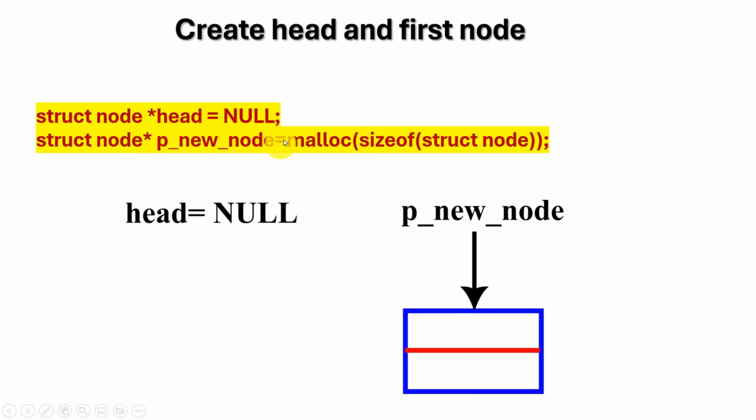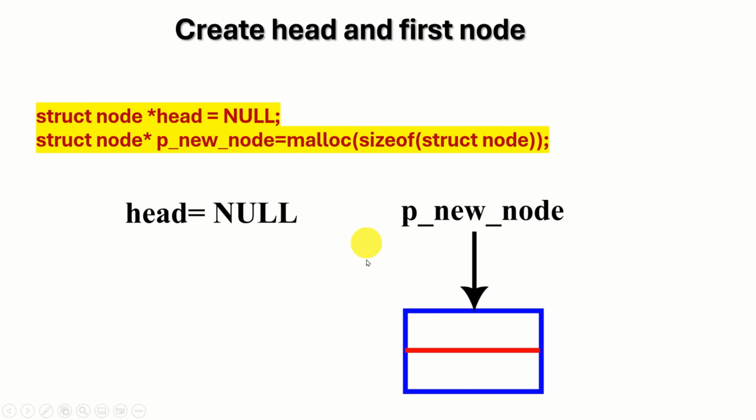That is, over here we are doing implicit pointer casting or type casting to struct node pointer. And we assign this address, that is the address returned by malloc, to this pointer, pNewNode. At the end of the day, the pointer pNewNode will store the memory location that marks the beginning of the memory space reserved by malloc.